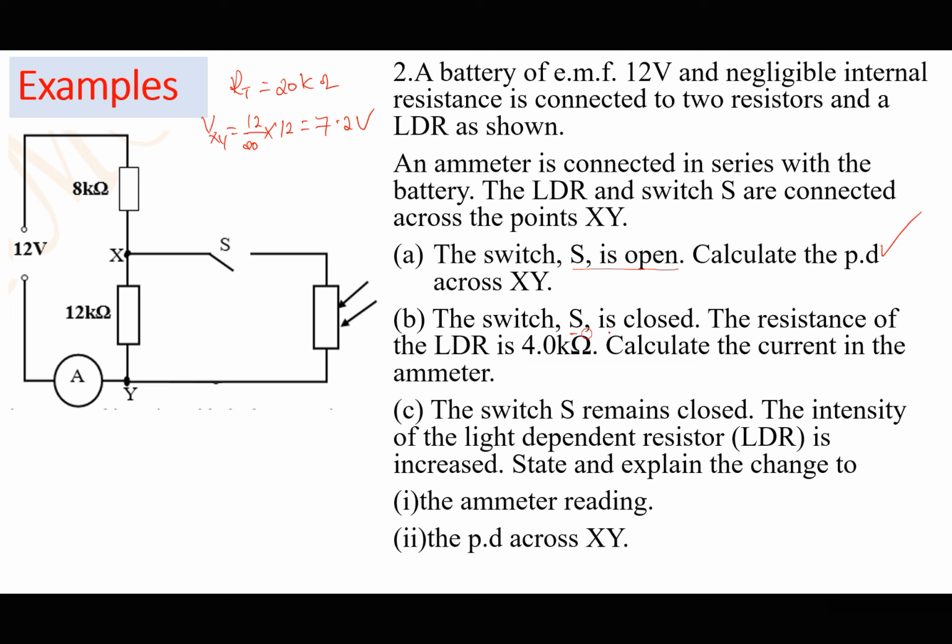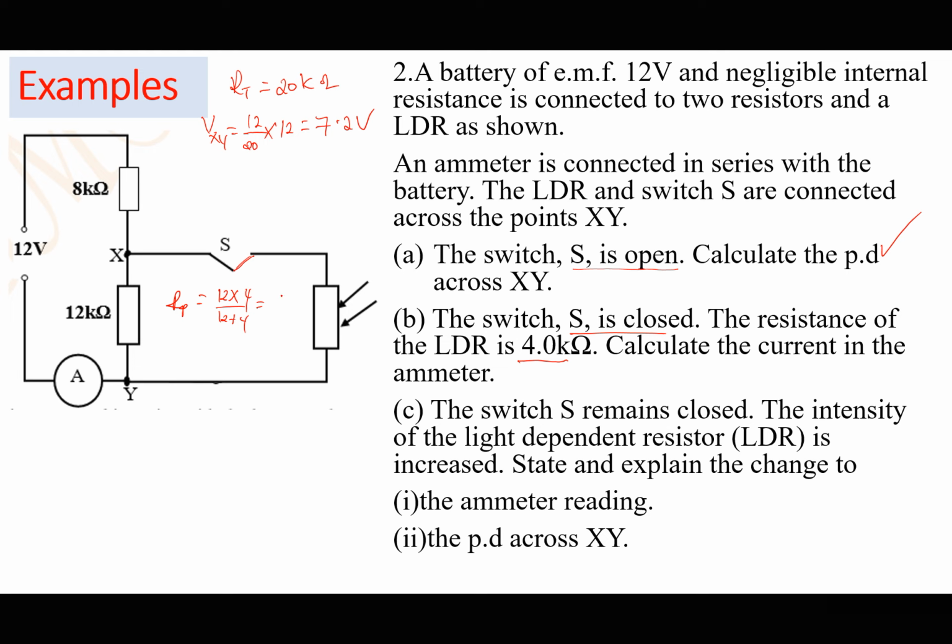The switch S is closed. Now when we close the switch S, we now have two resistors in parallel. The resistance of the LDR is 4 kilo ohms, calculate the current in the ammeter. So now that we have two resistors in parallel, their total resistance is going to be 12 times 4 divided by 12 plus 4, which is 48 divided by 16.